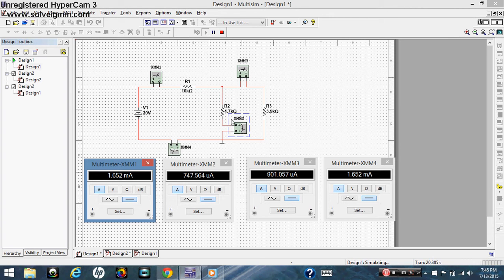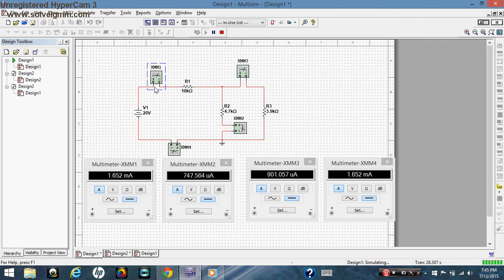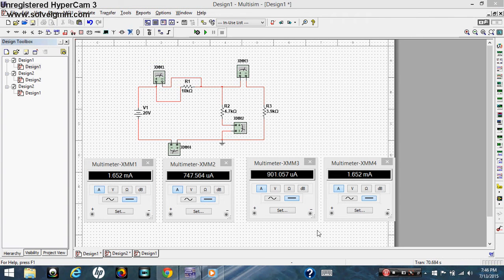And secondly, to find V, the voltage across R1. Okay, here I've connected the multimeter across R1.